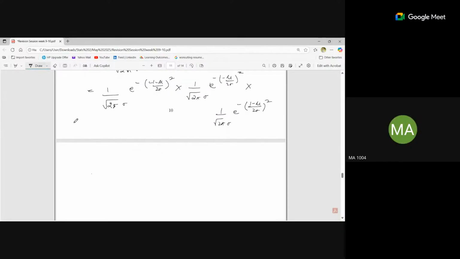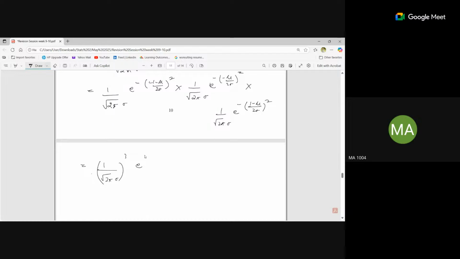So I take out 1 by root 2 pi sigma, cubed. Then I did the summation, e to the power minus summation of (x minus mu) whole square by 2 sigma square. Then I don't know what happened in my calculation.